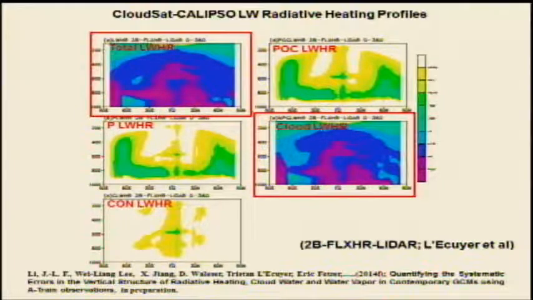Like we did before in our ice water content paper, we basically filter out any CloudSat-CALIPSO retrieval whenever there's a precipitating or convective condition. And we call it the non-precipitating and non-convective condition.